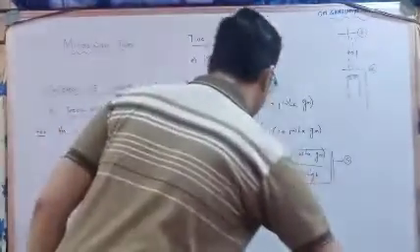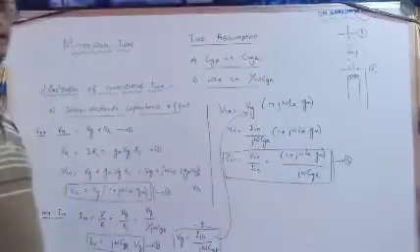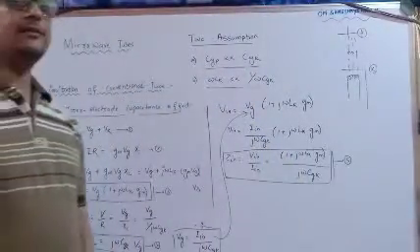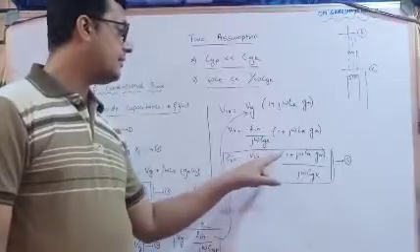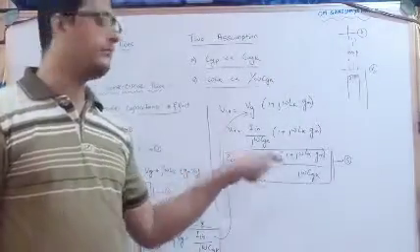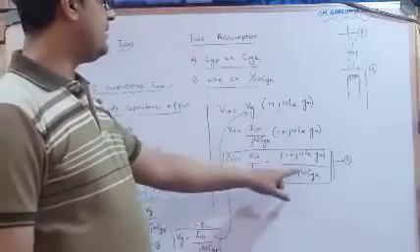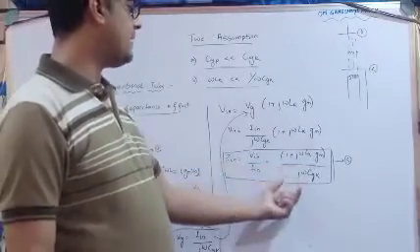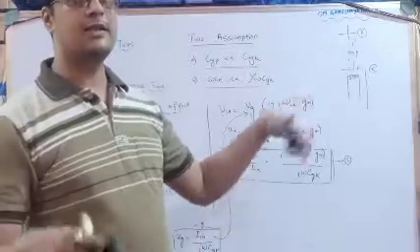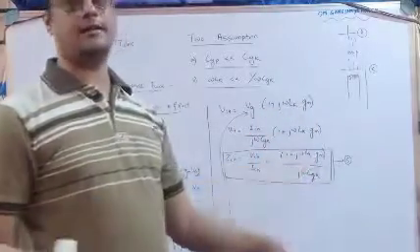Okay, so this is my input impedance. Now the thing is, here the numerator value is greater with respect to the denominator value. 1 plus j omega Lk into Gm divided by this. So 1 plus something is greater than 1.